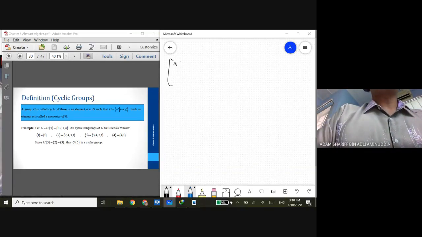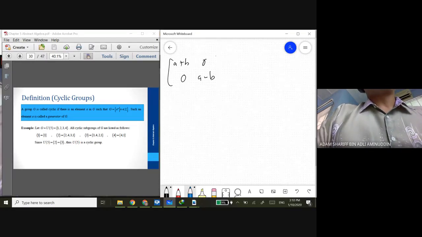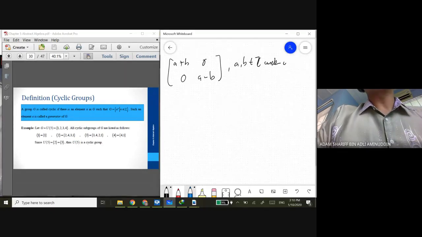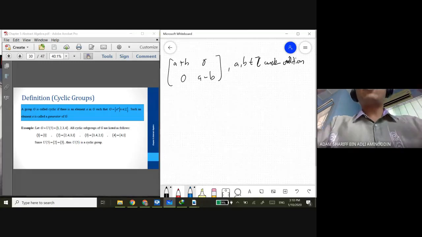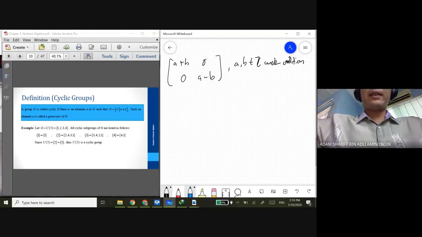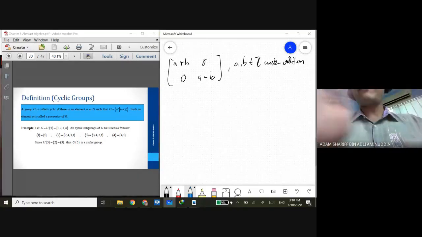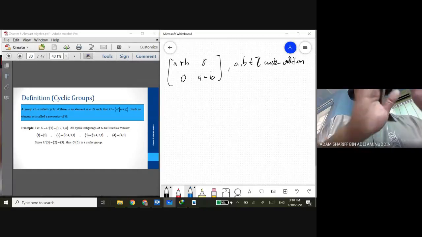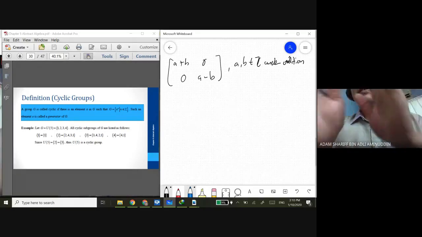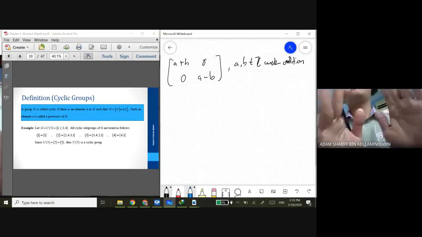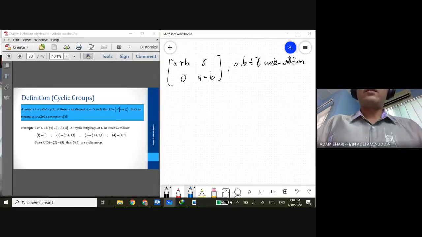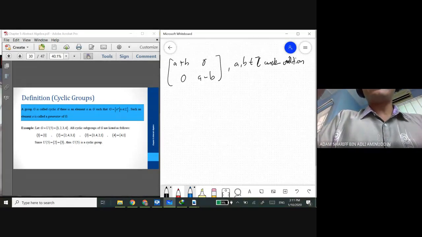Right now I have A plus B, 0, 0, A minus B, and this A, B is an integer under addition. Please open your perspective of thinking. This A and B is not A and B only, it's every integer. So every integer plus every integer, 0, 0, every integer minus any integer. Does the generator exist?